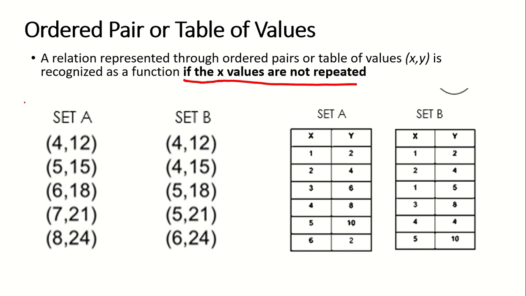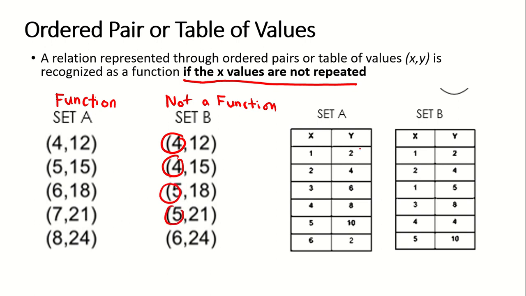So let's get the ordered pairs first. Among set A and set B, set A is a function because no x values are repeated, while set B is not a function because 4 and 4, 5 and 5 are repeated.